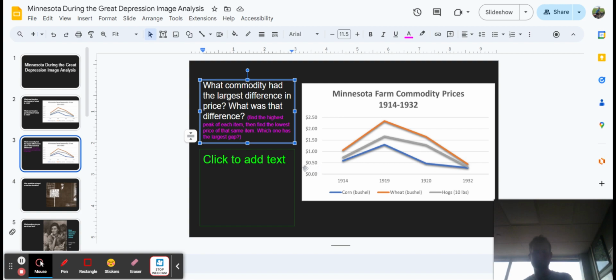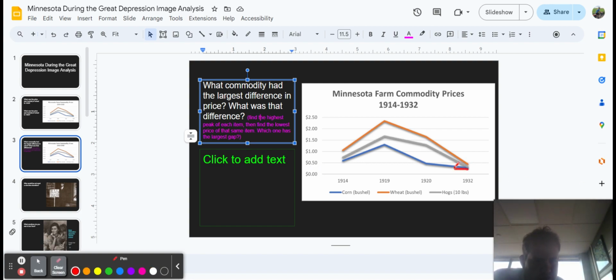Looks like it might be around, let's see, I'll move to my pen, straight as I can. That's as straight as I can, about 40 cents or so, maybe 35. And then I can go over here, and that's not very straight, but it'd be about 120.